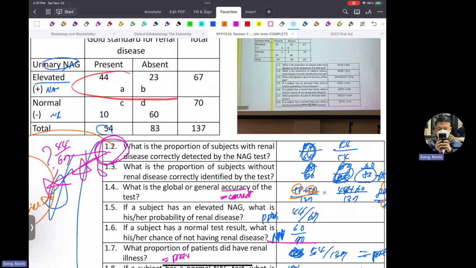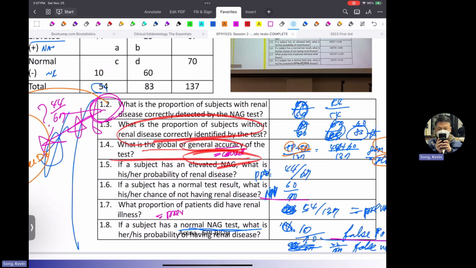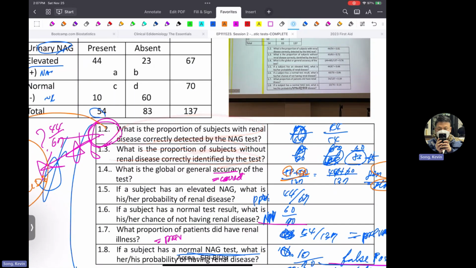So if the test turns out to be positive, what's the real probability that the hypothesis holds? That's what it is. Next one: if a subject has a normal test result, what's the chance of not having renal disease? It's exactly opposite of this one. So basically, this is the negative predictive value.